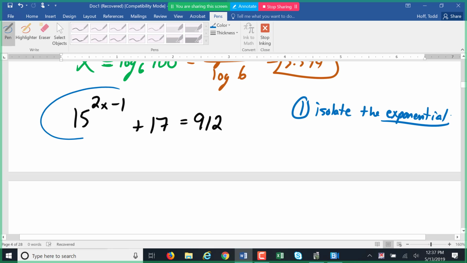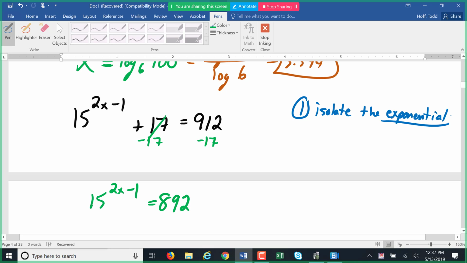The exponential, remember, is the part with the power where the variable is in the power of the exponent. So I have to get rid of the plus 17. How do I get rid of that plus 17? I subtract 17. Good. So I now have 15 to the power of 2x minus 1 equals 895. So I have isolated the exponential.